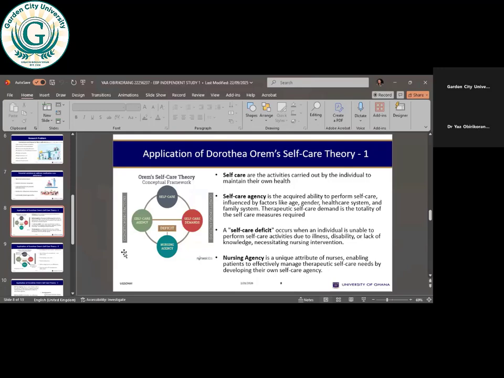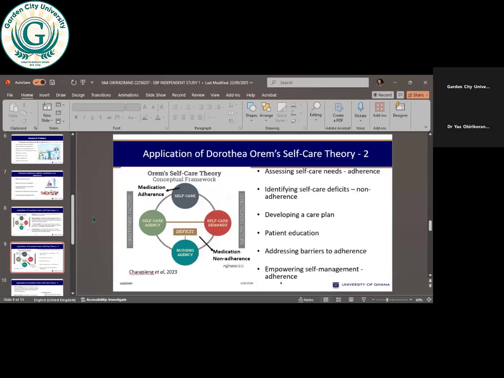If you pick Orem's self-care theory, there are several concepts: self-care agency, self-care deficits, self-care demands, and nursing agency. All of these come into play to ensure that the patient's care is holistic, if I can put it that way. I've explained what these things are, so let me just go on.